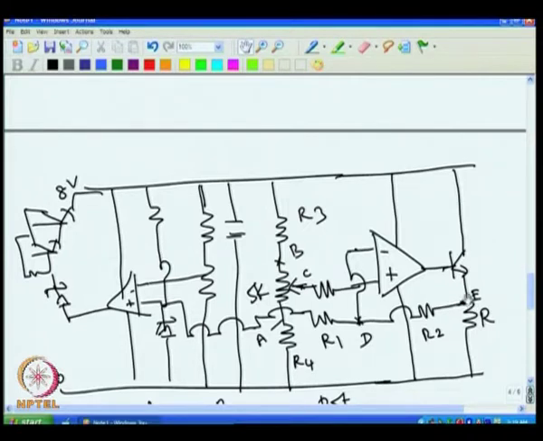So, we need to get a 4 volt change here. Now, for the 4 volt change to take place, we have an 8 volt supply. So, a 4 volt change is always possible.